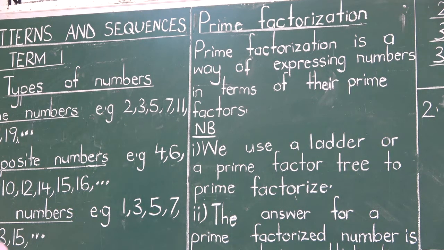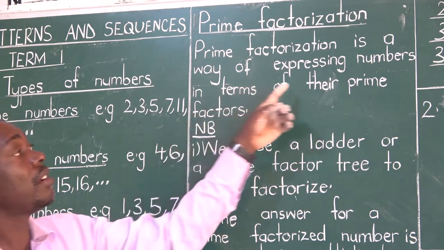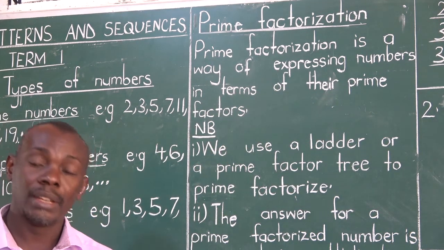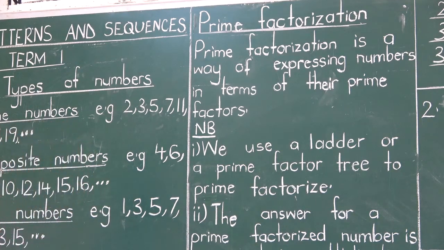That is prime factorization. So, like the word suggests, prime factorization is a way of expressing numbers in terms of their prime factors. Meaning, we are going to use prime numbers, which we have already learned today, to prime factorize.